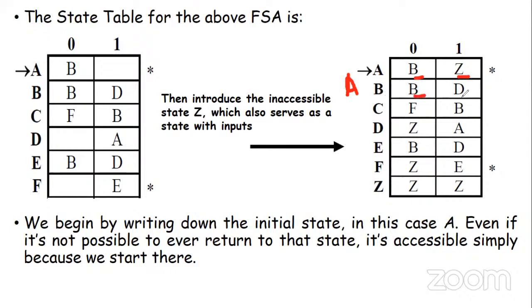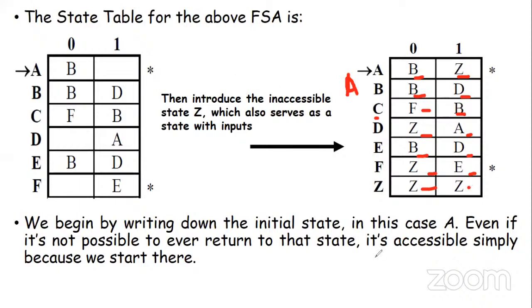B and D. For C is what? F and B. For D is what? Z and A. For E is what? B and D. For F is what? Z and E. For Z is what? Z and Z. Do you get that?